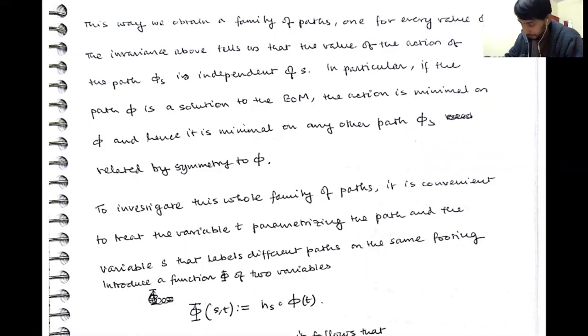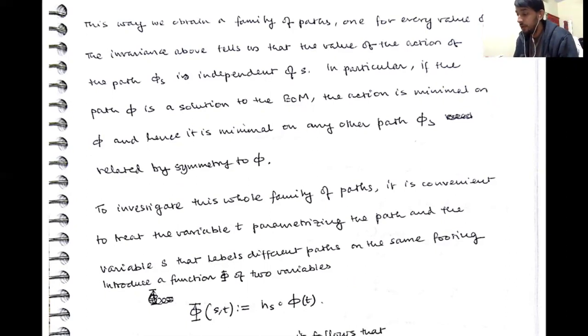So in particular, if the path is a solution of the equations of motion, then the action is minimal on phi, and it's minimal also on any other path phi of s which is related to phi by this symmetry that we have just said.